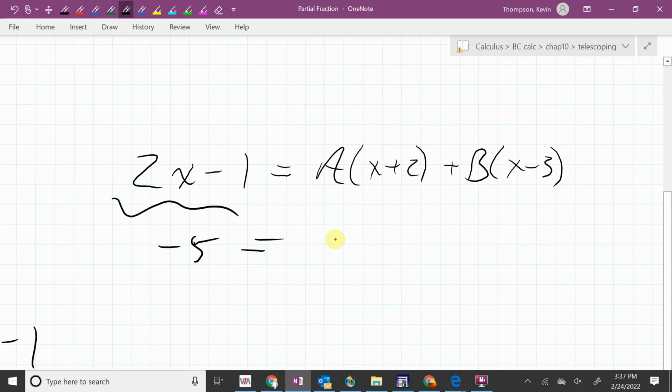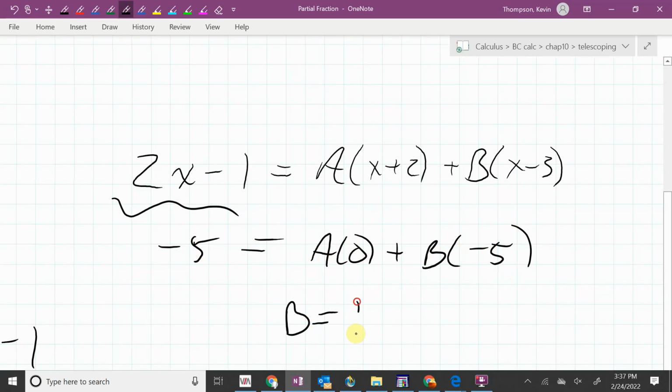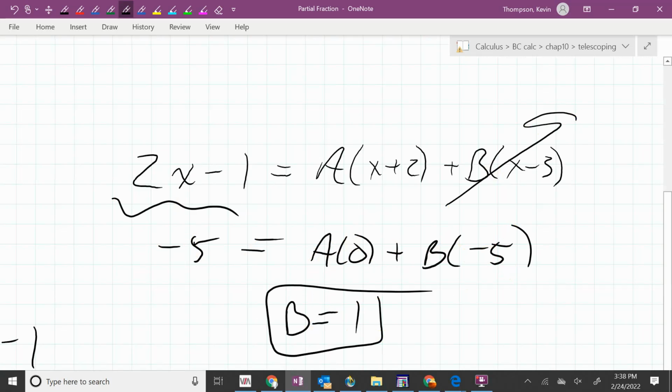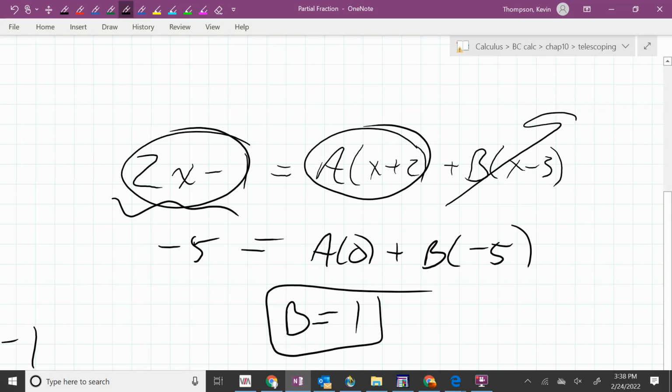This is a 0. This is B times -5. B must be 1. What's the other clever value of x to consider? 3, because this will drop out. So 5A equals 5. A equals 1. Way simpler than solving a system, isn't it? If you don't know what I just did, ask your neighbor, and then I'm going to move on.